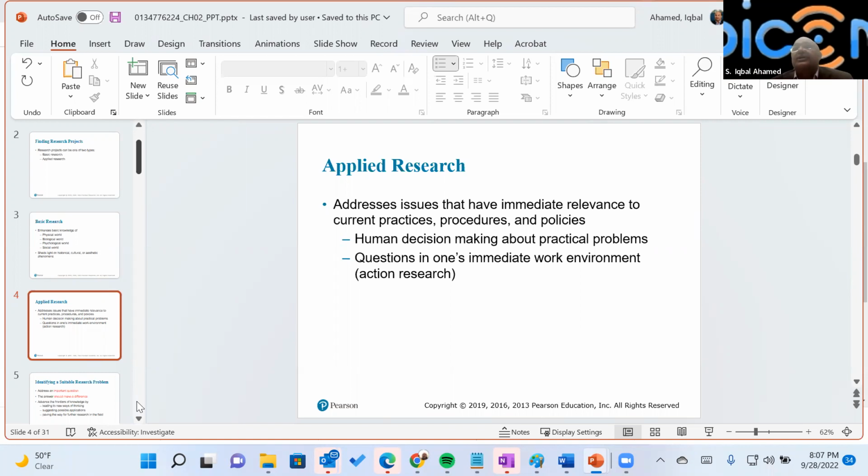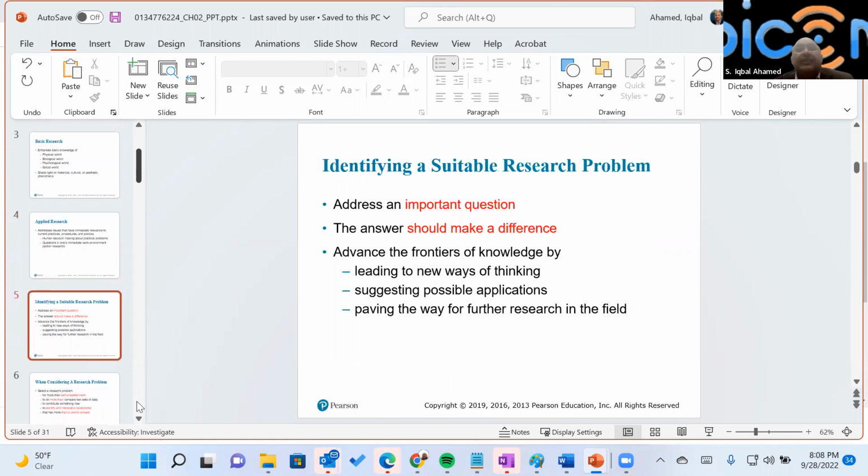We also talked about quantitative research, where we look for quantities and numbers, qualitative research, mixed method, and action research. So in applied research, some of the things are action research, because you are trying to answer, in a working environment, some of the unanswered questions.